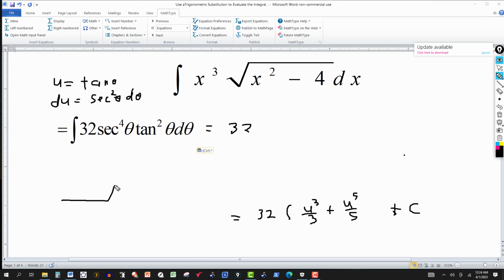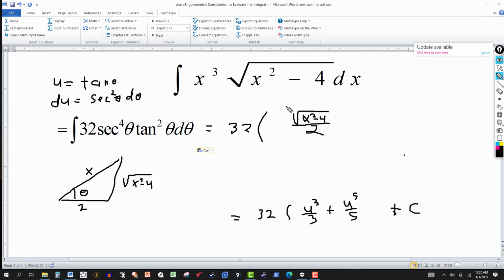The triangle was, this is supposed to be a right triangle here. So this was the square root of x squared minus 4. This was a 2 here. This was an x. Remember that u is tangent. So we just go to the triangle and find the tangent of the angle theta right here. So that's the square root of x squared minus 4.